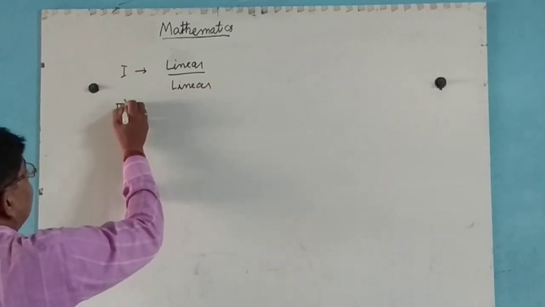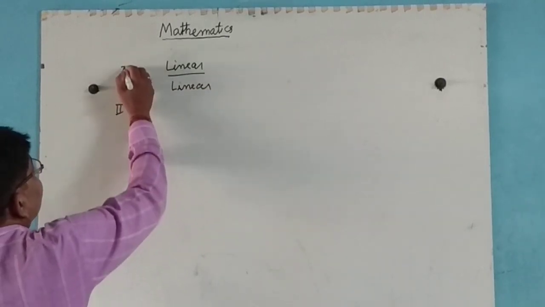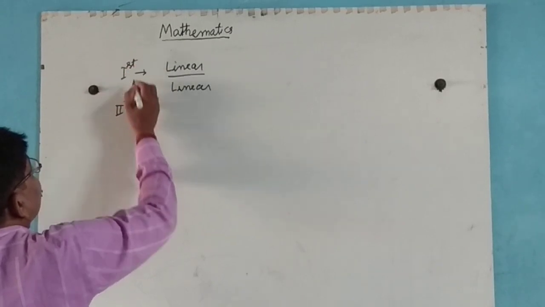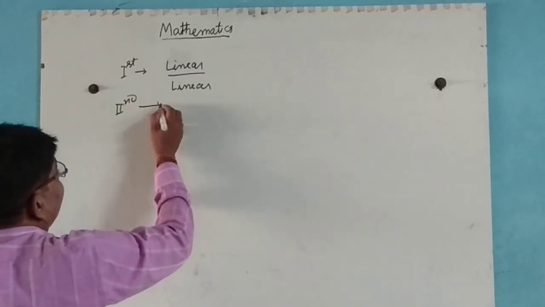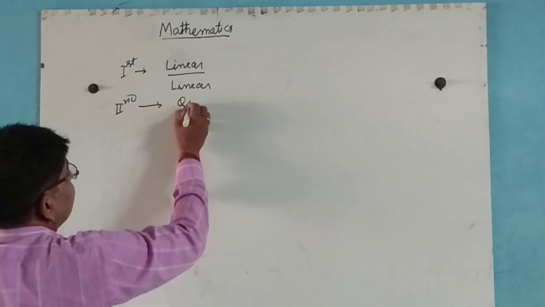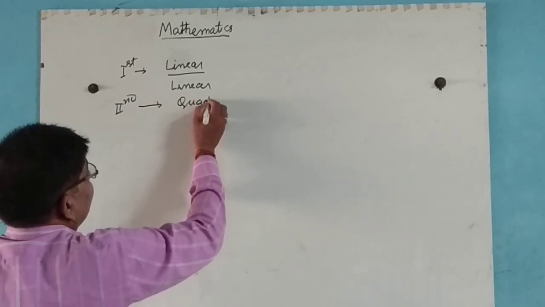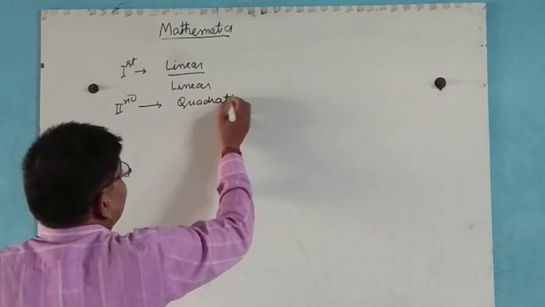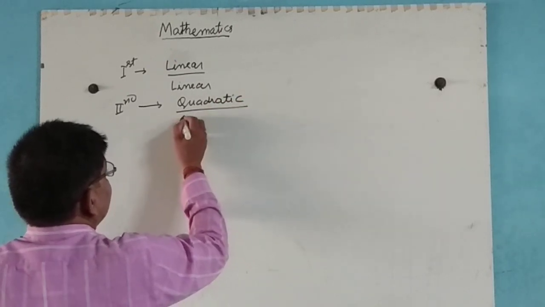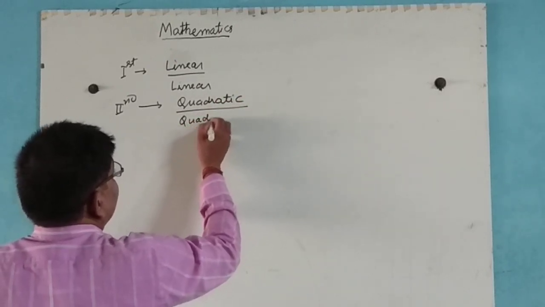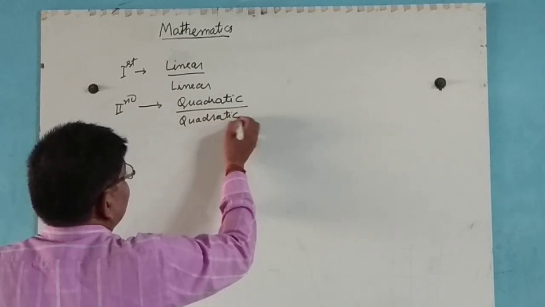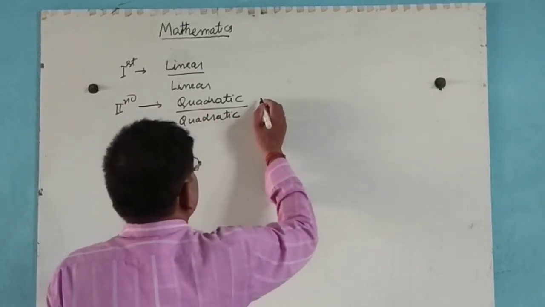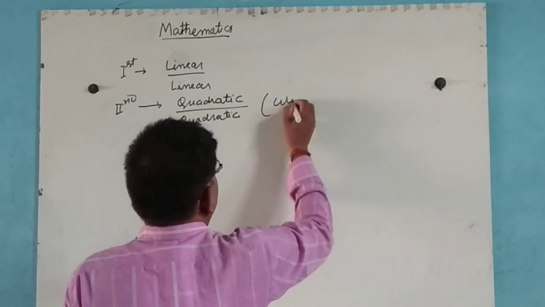Second form, quadratic by quadratic with common factor.